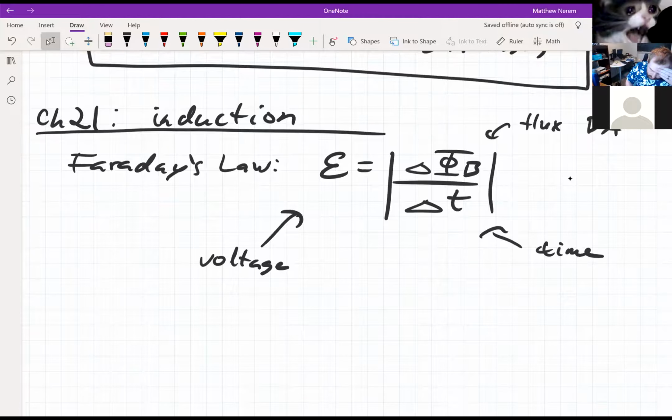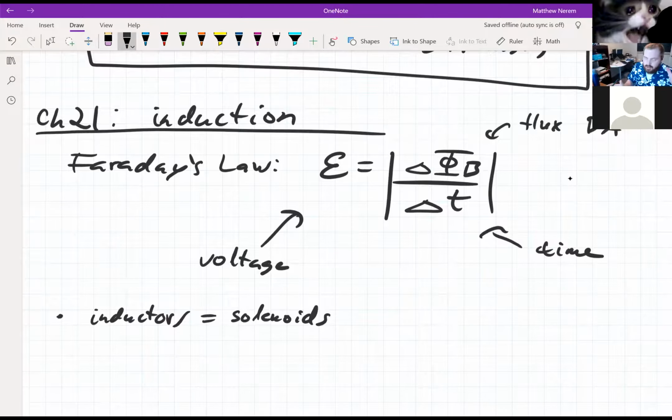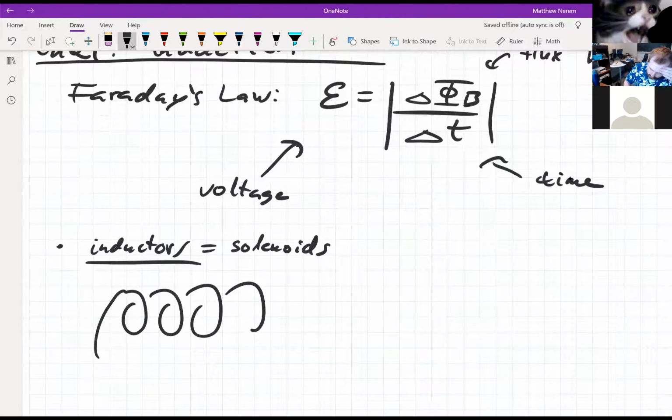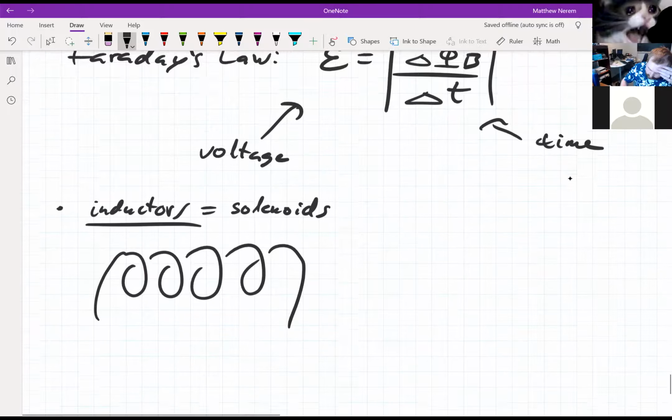And since we're on the topic of solenoids, I'll just skip ahead and go to that. All right. Inductors, they are the same thing as solenoids. They are identical. Historical context is why we have the different names. So you can say, all right, here is my inductor.